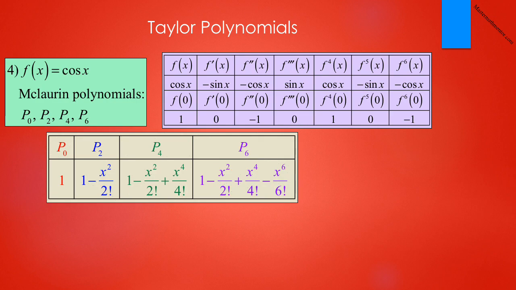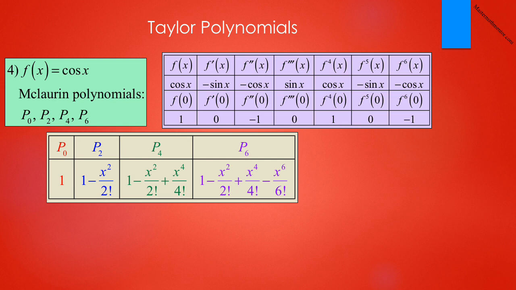So P0 is simply 1. P1 will have for its first degree term a coefficient of 0, so it's not needed. So we move directly to P2 and we get 1 minus x squared over 2 factorial.